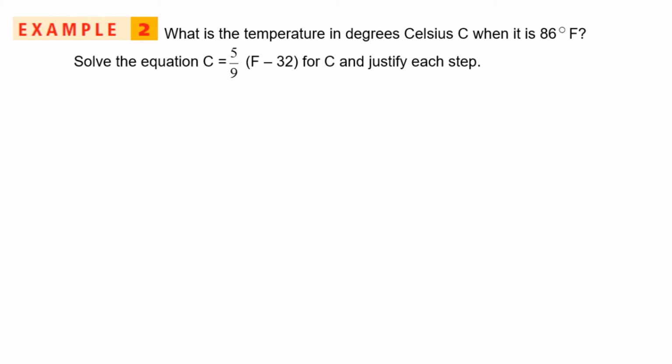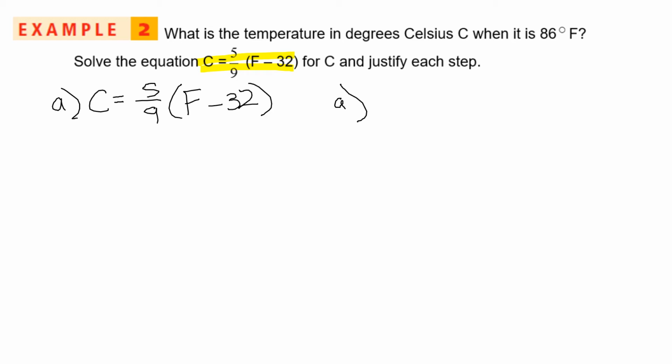So what are we going to write down first? We're going to write down that equation. So we have C equals 5/9 (F minus 32).